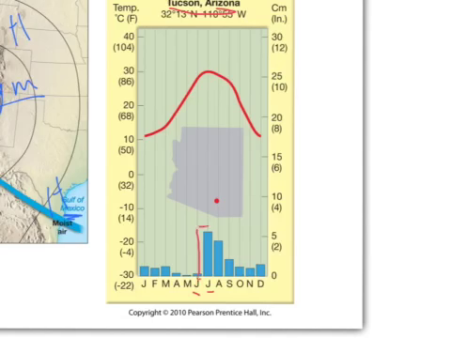The way you read this is over here on the right, you see centimeters, or in parentheses, inches of precipitation. So here we have 2 inches of precipitation, but just look how tall that bar is for July compared to June, May, April, March, etc. So this would be the dry season here, and this would be the wet season here.